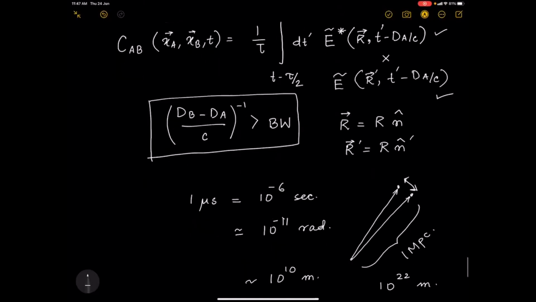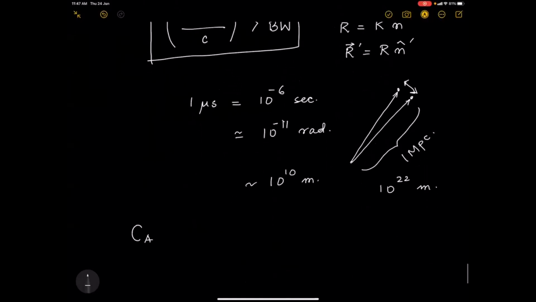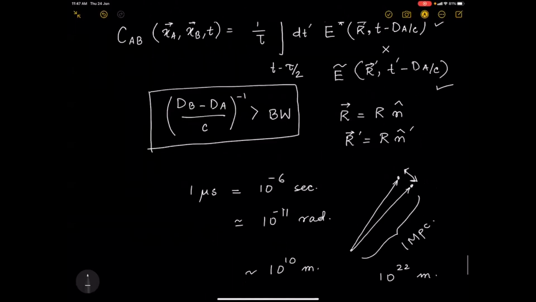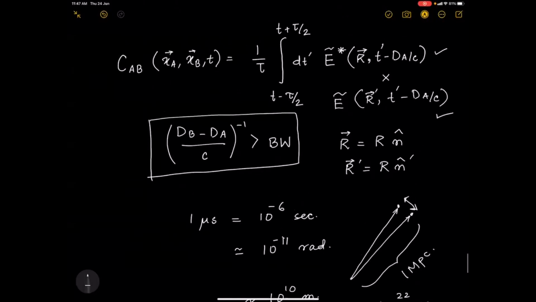So this quantity CAB, once I do the autocorrelation, there's no coherence between the electric fields originated at r and r prime.